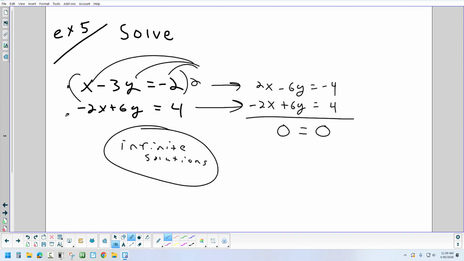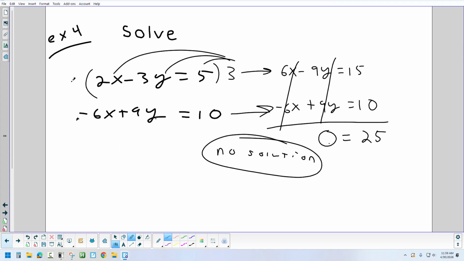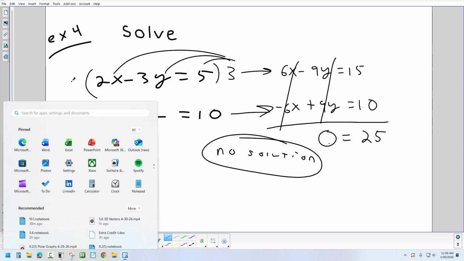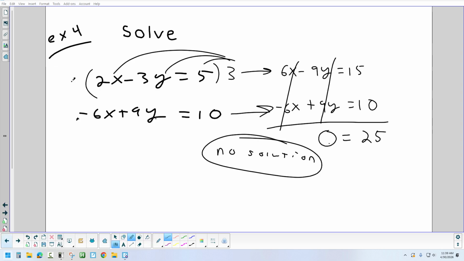Now, any of the methods that I just showed you, they'll work with 3 variables, 4 variables, and more. Substitution is probably the least friendly because when we start doing substitution with 3 variables, there's a lot to keep track of. So we're going to do 3, but we're going to stick with elimination.